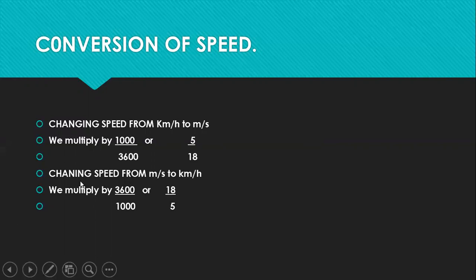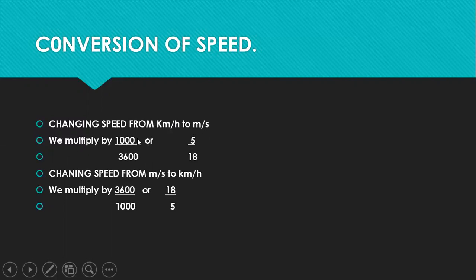Remember, if you look at the distance here, distance is in kilometers, you want to change it into meters, and all of you know that 1 kilometer is equal to 1000 meters. So that is where this 1000 is coming from. And then 1 hour is equal to 60 minutes, but 1 hour is equal to 3600 seconds.